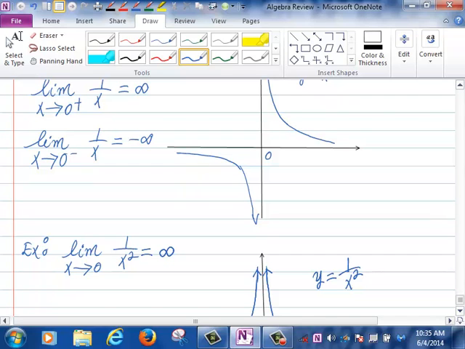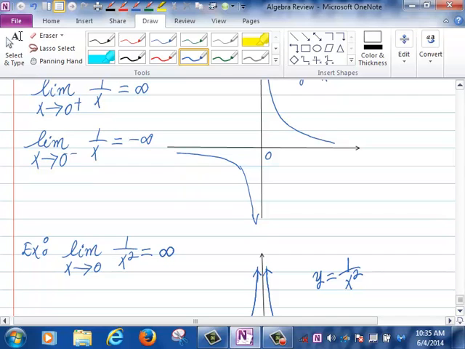Okay? And then, when x is close to 0, the value of the fraction is big, right? Think about dividing 1 by 0.000000001. It's a big number, right?